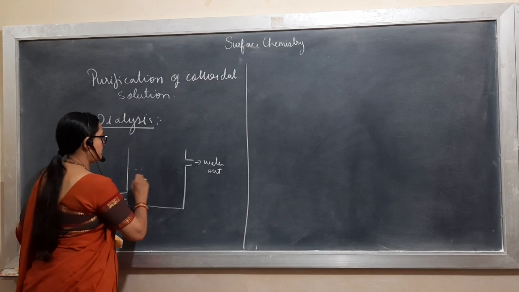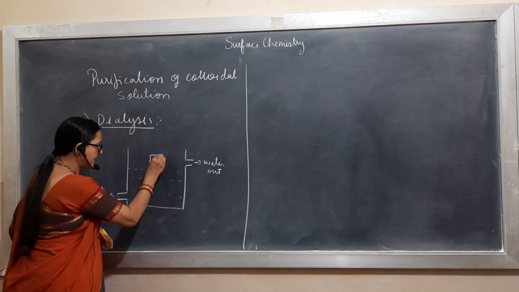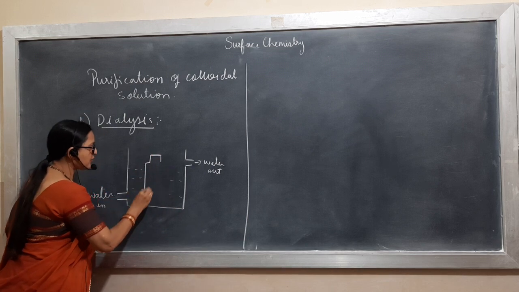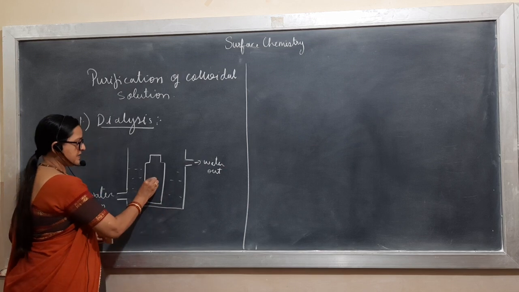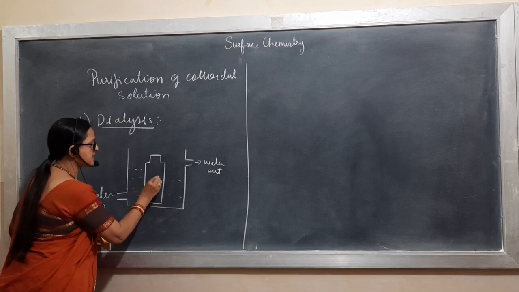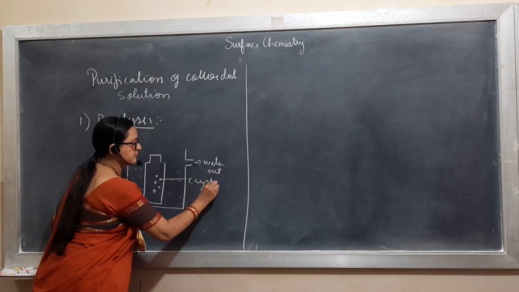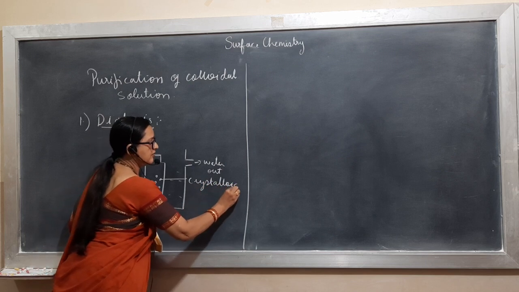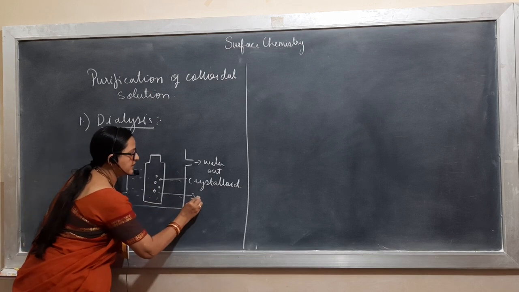In this pure water, we are going to place a bag. That bag is made up of parchment paper. In this, there is a colloidal sol which is having an impurity called crystalloid.